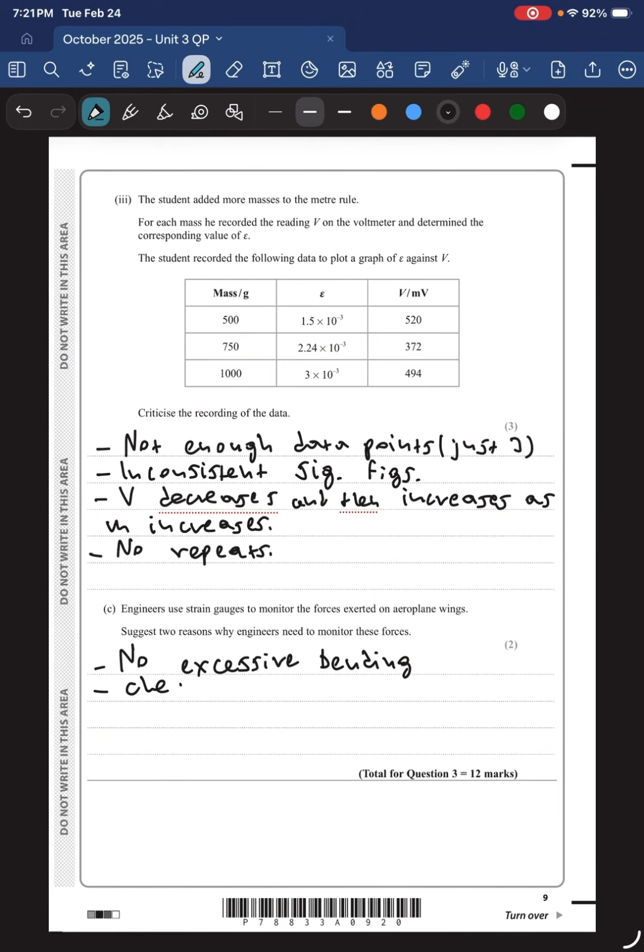So checking the strength of the wings. And a third point is that they probably measure this to test various materials. So testing various materials.